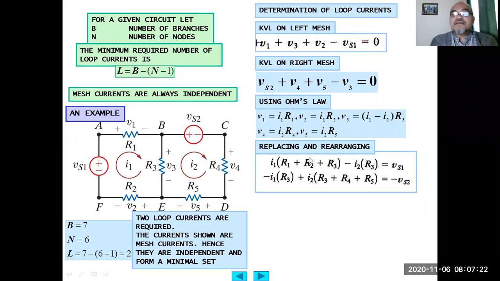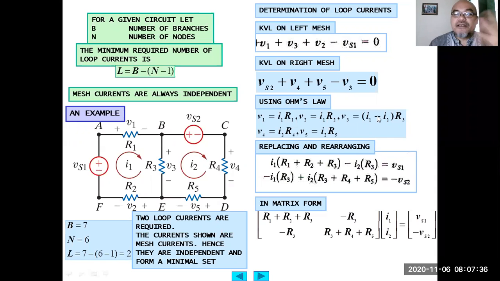So this is the difference. If in node analysis we arrange the equation in terms of the node voltages, V1, V2, V3, etc., here it is in terms of the loop currents. Then we can express that in matrix form.